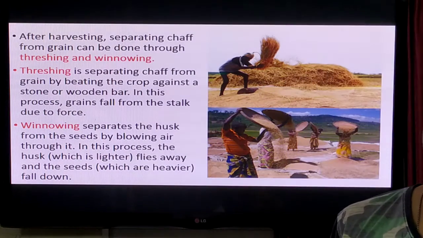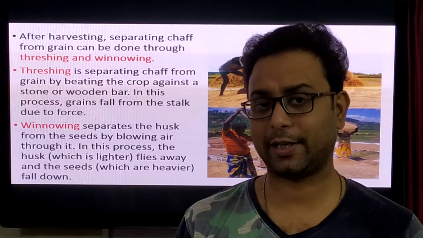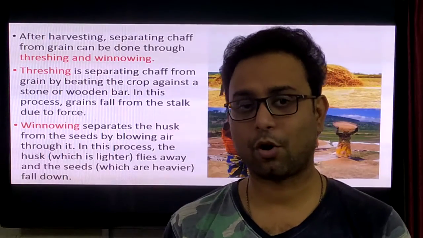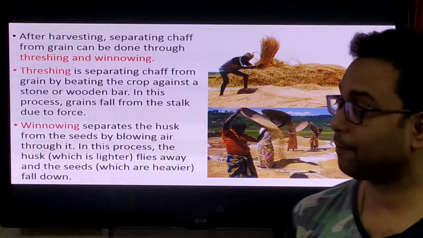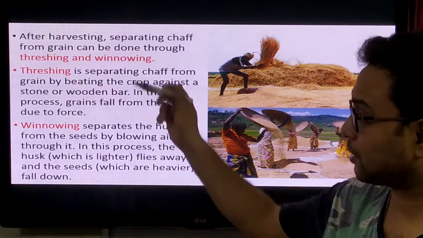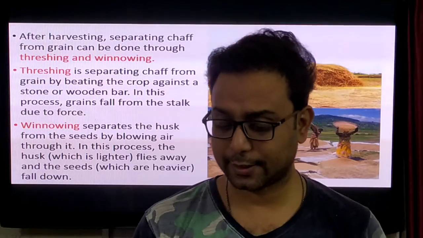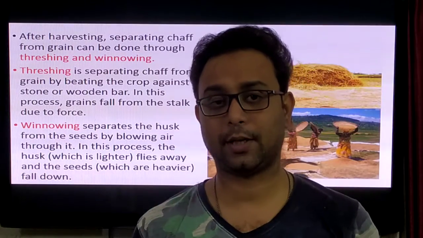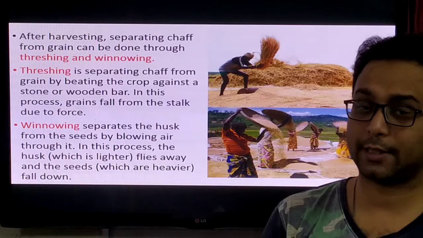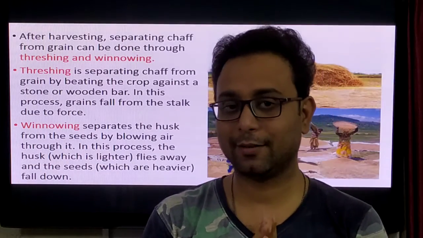I think this class is very easy and also very interesting for all of you. Most importantly, threshing and winnowing are important questions. Also, we discussed two important topics in today's class.